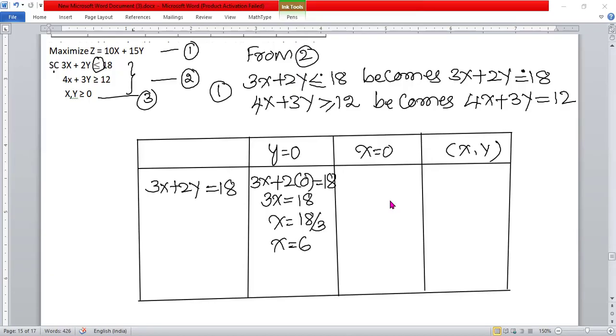Similarly, in the same equation, put x equal to 0. 0 plus 2y is equal to 18, so y is equal to 18 divided by 2, so y is equal to 9. So finally, the x point is 6 and the y point is 9.